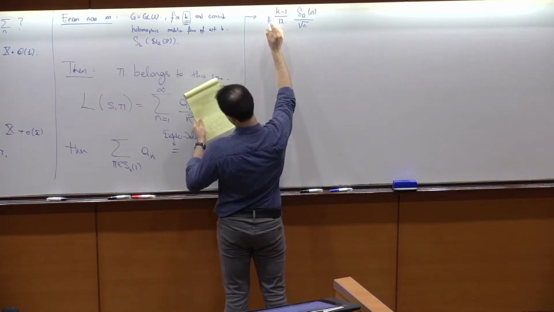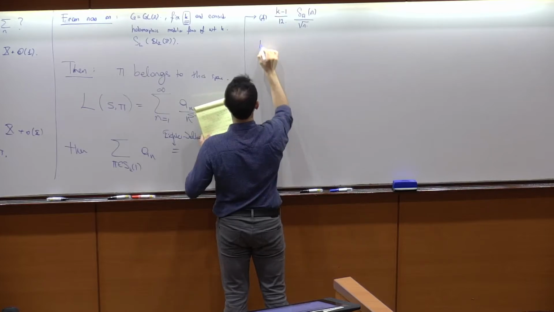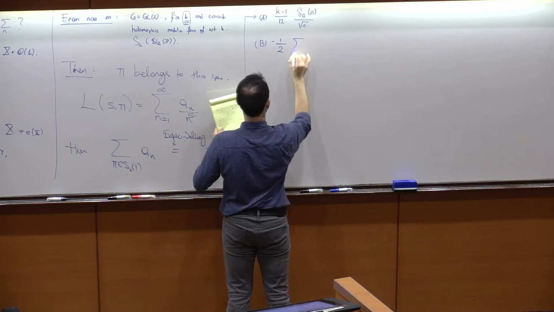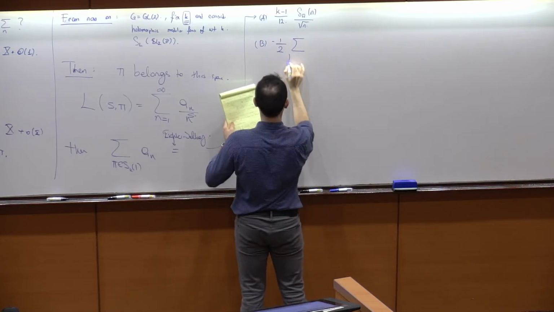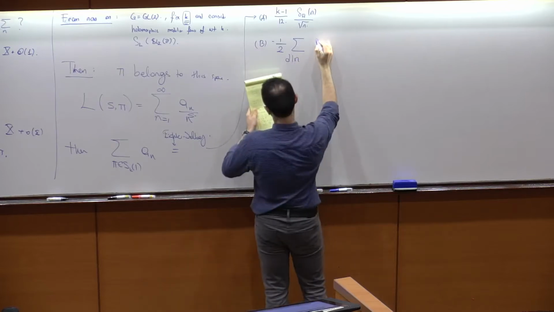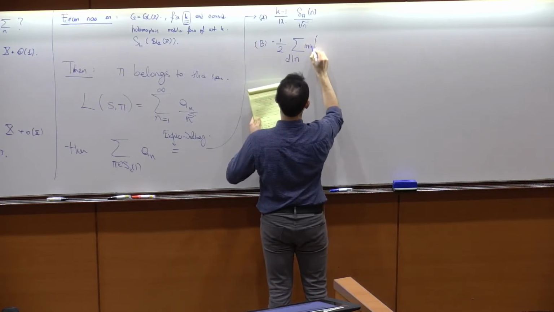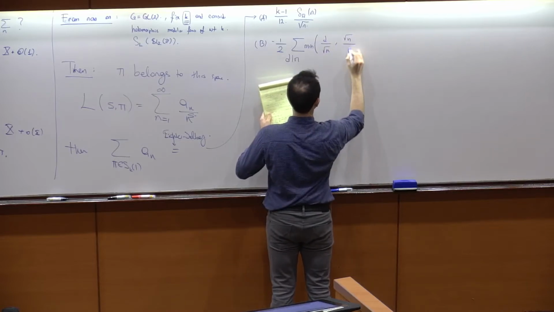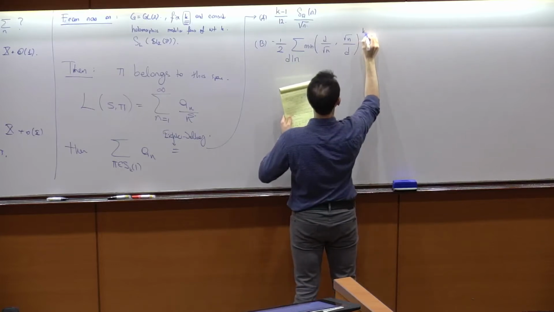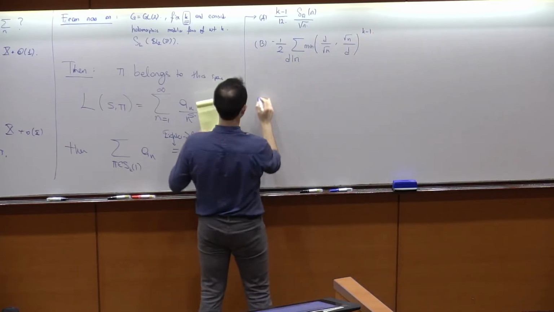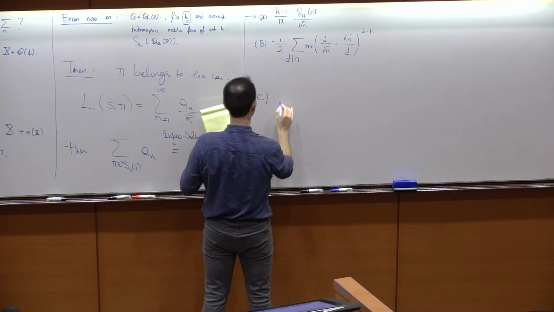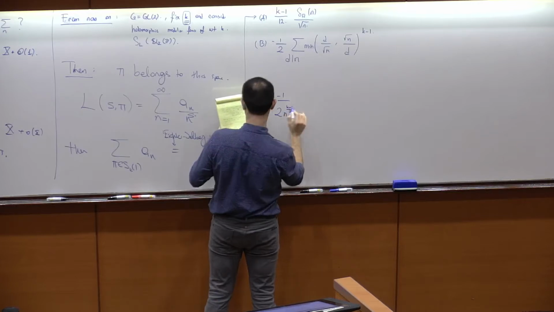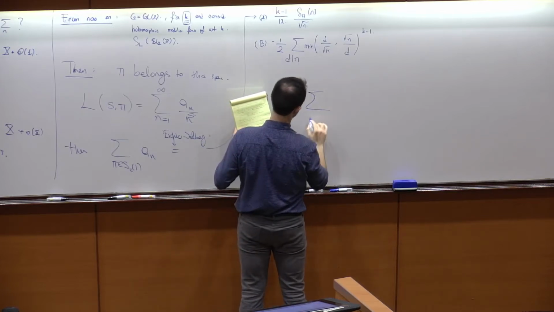This is term, let me call this term A, plus term B, which is minus a half times the sum over d dividing n of the following gadget, the minimum of d over square root of n, and square root of n over d, to the power k minus 1. And then there's the last term, which is C, minus 1 over 2 to the n to the k minus 1 over 2 times the following sum.